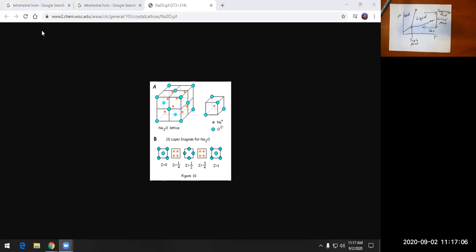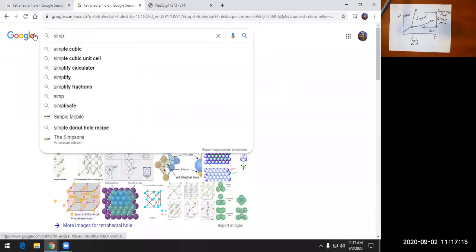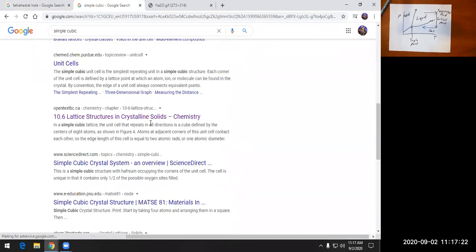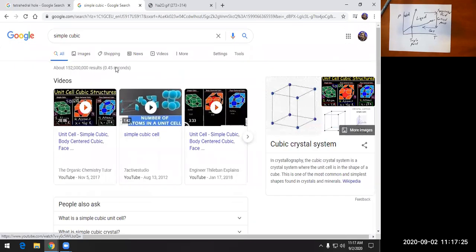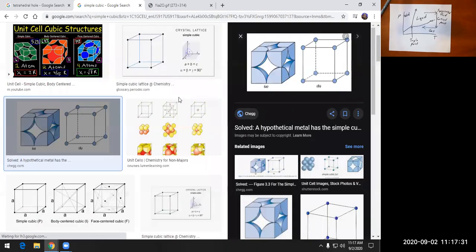Okay, let us suppose you are told that an ionic compound has a structure where the anions form a simple cubic lattice, and the cations fit into the octahedral holes inside the simple cube.